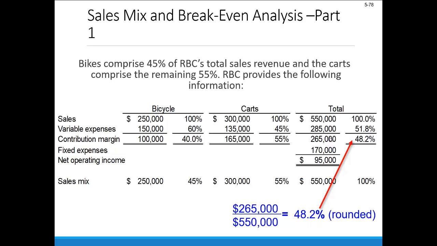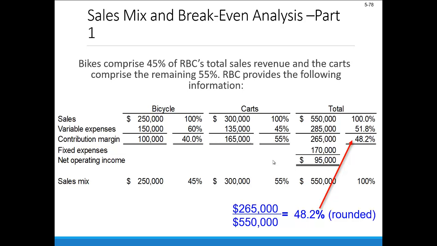So at the company-wide level, we've got sales of $550,000, a contribution margin of $265,000, because we had variable expenses in total of $285,000. And that's just summing across the two products. Company-wide fixed expenses are $170,000, and then company-wide net income $95,000.